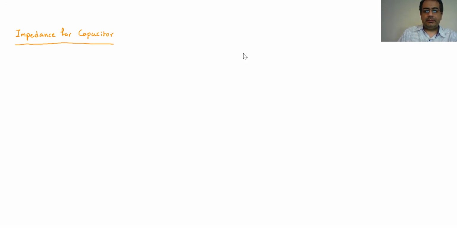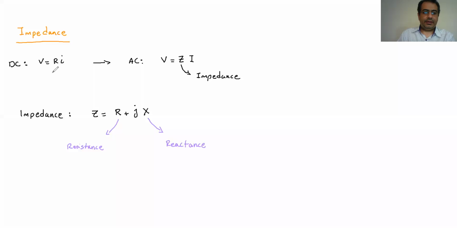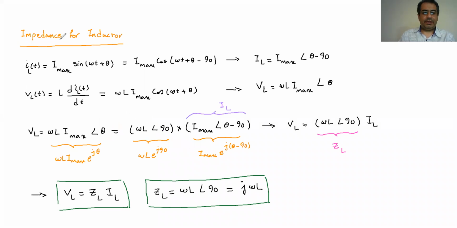So again, as I said before, the whole idea is that if we have something similar to Ohm's law in DC, we want to have something similar to that for the AC current. And then if we have only an inductor in the system, the impedance is going to look like this.